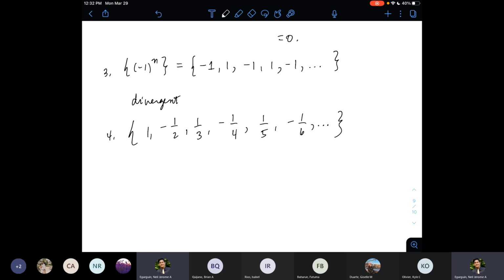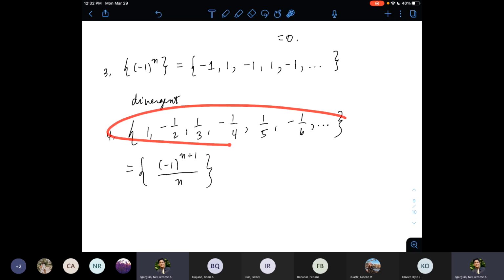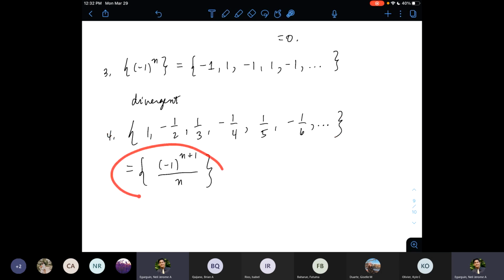So is it convergent or is it divergent? Or probably, if you want, we can write it as (-1)^(n+1) all over n. So take your pick, analyze it using a list or using a formula for the nth term. Will it be convergent or divergent?